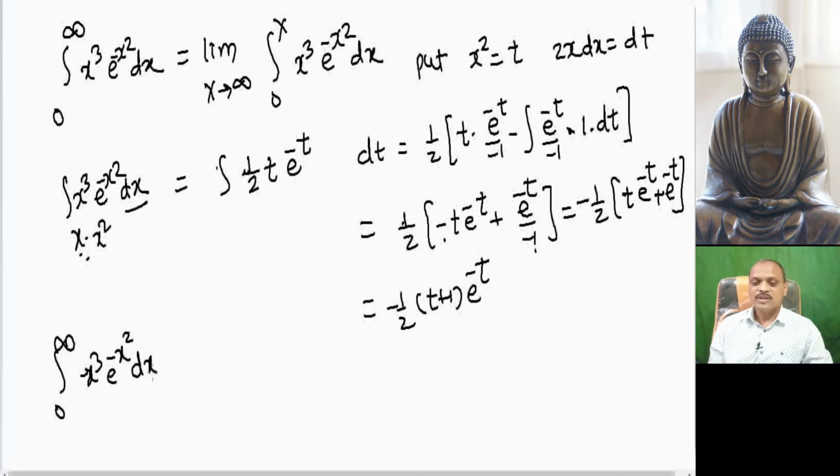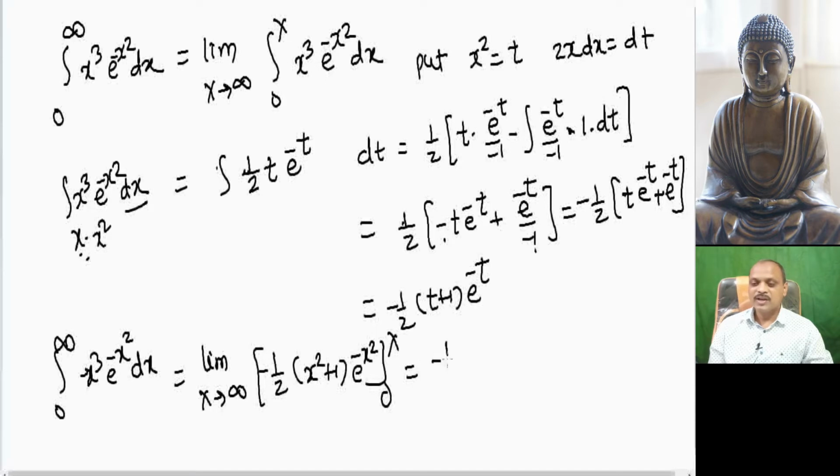equals limit capital X tends to infinity. So we have evaluated this: minus 1 by 2, t means x square plus 1, into e raised to minus x square, between the limits 0 to capital X. Minus 1 by 2 into limit capital X tends to infinity, upper limit: capital X square plus 1 into e raised to minus capital X square, minus lower limit at 0: 0 plus 1 into e raised to 0.